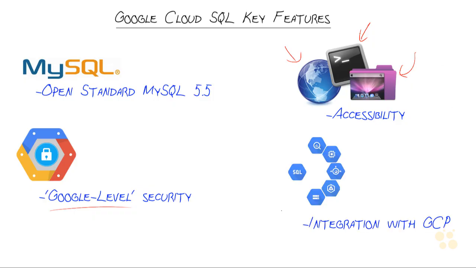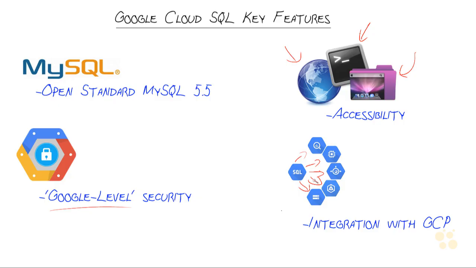Lastly, the fourth key feature that we want to talk about is its integration with the Google Cloud Platform in general. You're probably not just running a database on its own. Google Cloud SQL integrates easily with many of the products that are already in the Google Cloud Platform itself. So you can have your Cloud SQL instance actually follow along from region to region or zone to zone with a Google App Engine instance as those things migrate through zones. Same thing with Google Compute Engine.